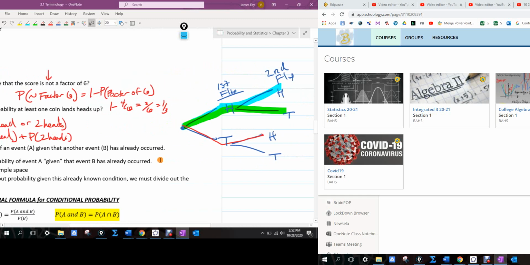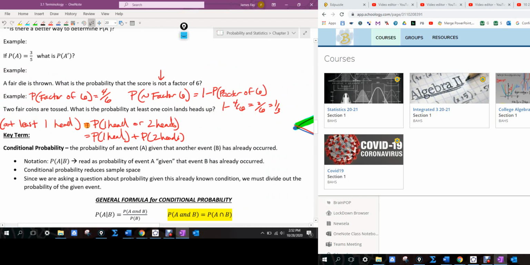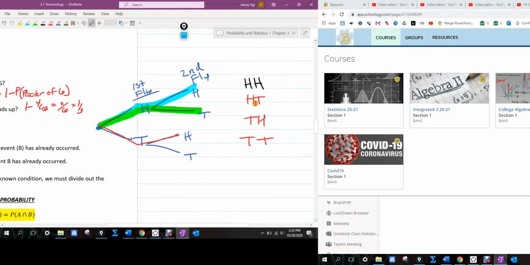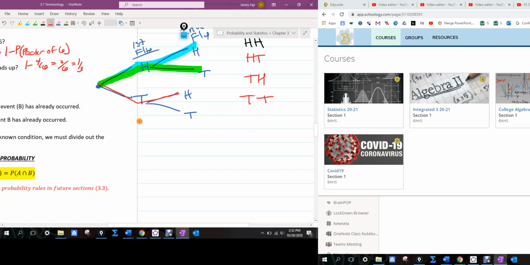Now, if I go back here and say the probability of at least one head would be the probability that I get one head, which would be this one here and that one there, plus the probability that there's two heads, which would be that one there. So I've added 3 out of how many? 4, right? Well, if I think about the words "at least one head," what would be the complement of at least one?